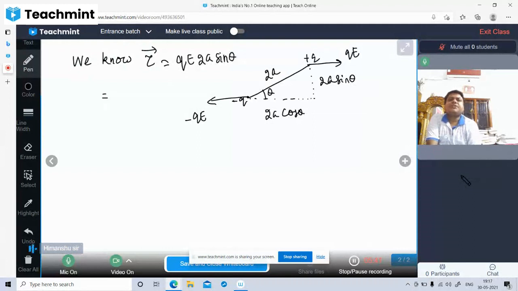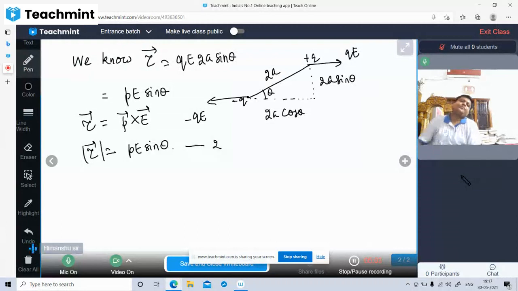Understood? Q times 2a is P, so PE sin theta, or P cross E. So torque is P cross E, and the magnitude of the torque is PE sin theta. Equation 2.